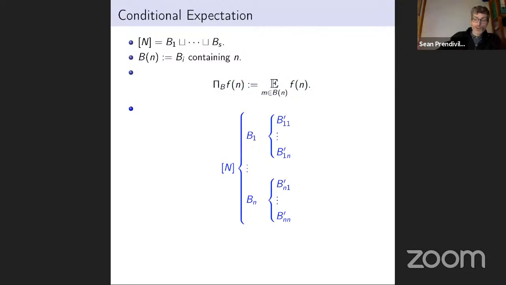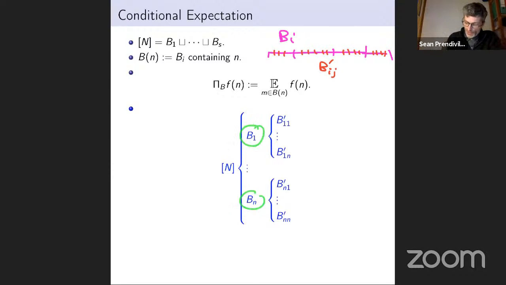So our strategy for the arithmetic regularity lemma is we're going to chop up the interval into a coarse partition. These are the bi's. And then we'll further chop it up into a refined partition. These are going to be the bij primes. So we decompose each atom in our original partition into further subatoms.